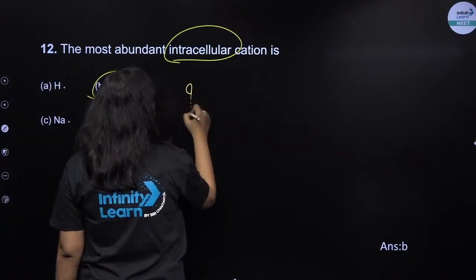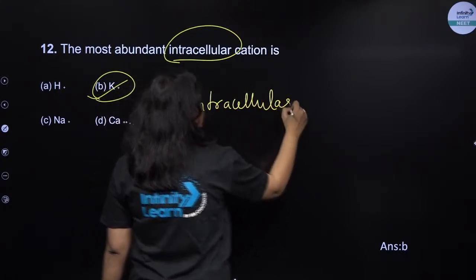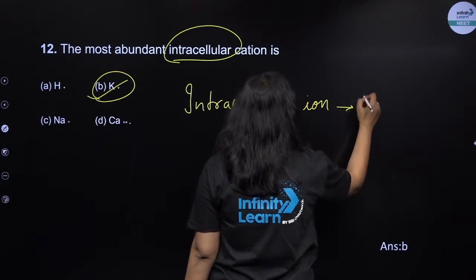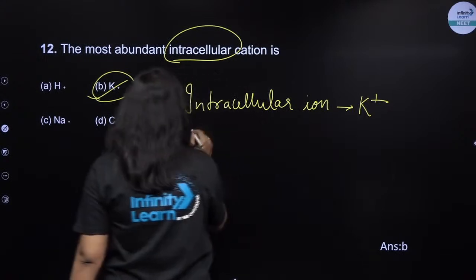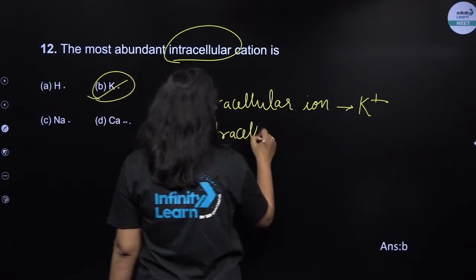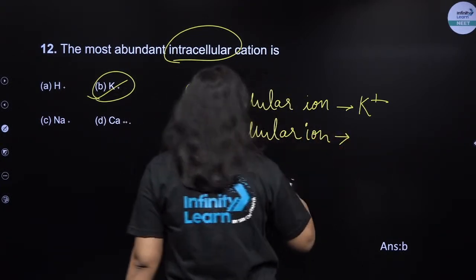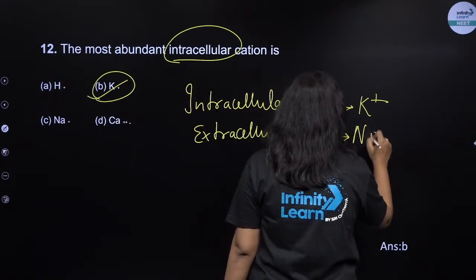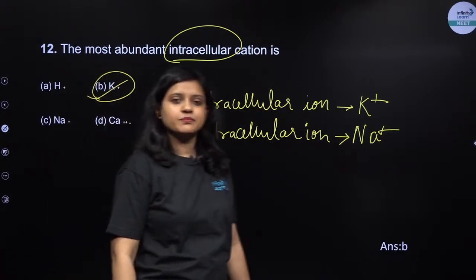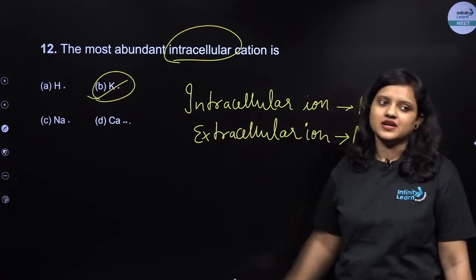If they are asking about the most abundant intracellular ion, then your answer will be potassium. If they are asking about the most abundant extracellular ion, then your answer will be sodium. Understood? Yes, very good. B is the correct option because potassium will be present in abundance.